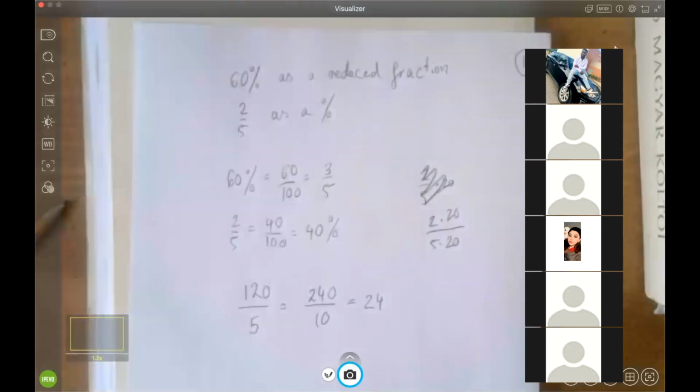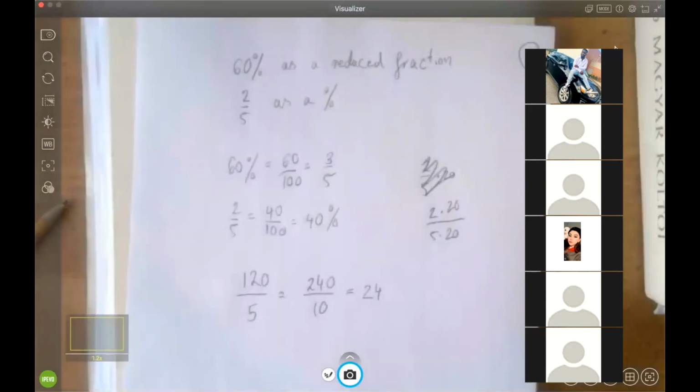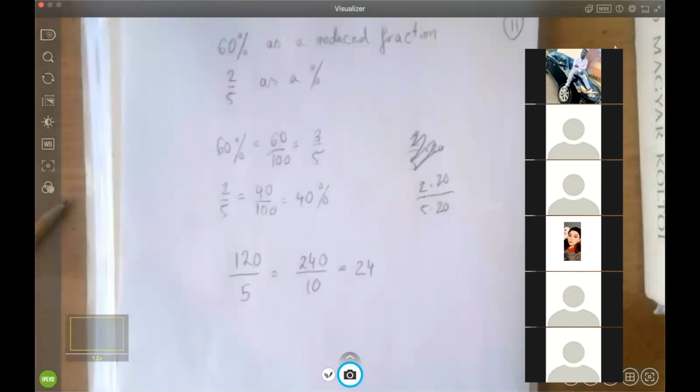So we just have to remember, whatever we do to the top number, we must do the same thing to the bottom number. And it has to be multiplication or division. It cannot be adding the same amount. I refer to it as scaling, like you scale up. It's like a recipe, right?